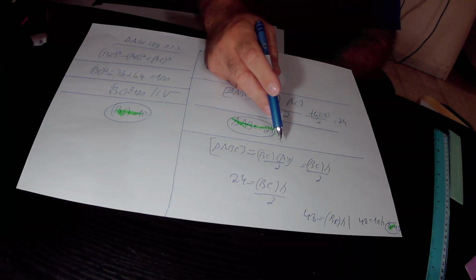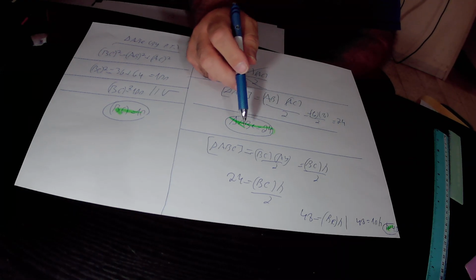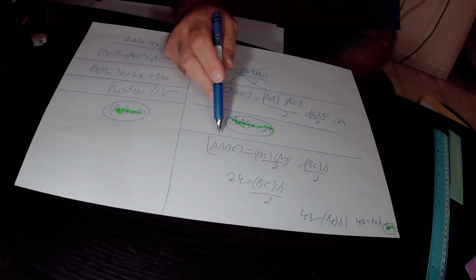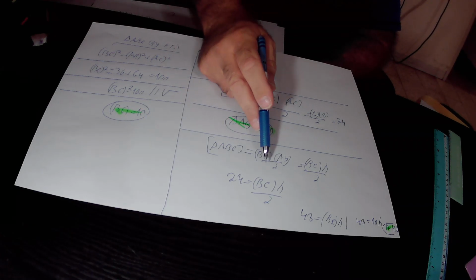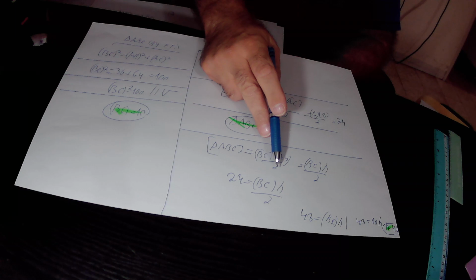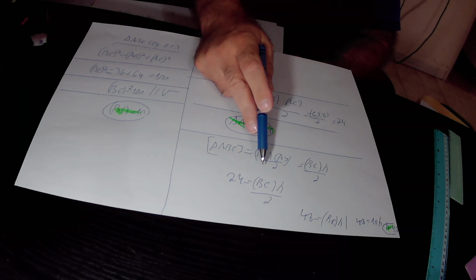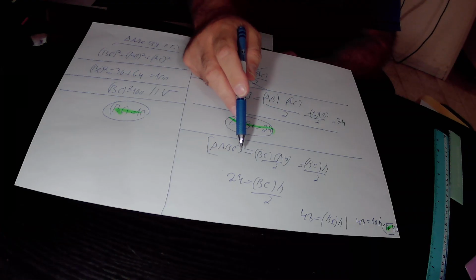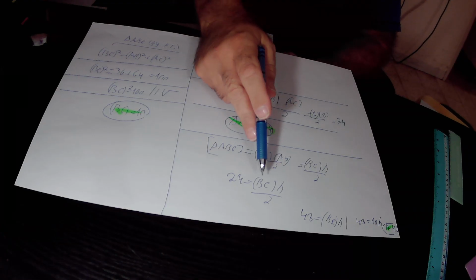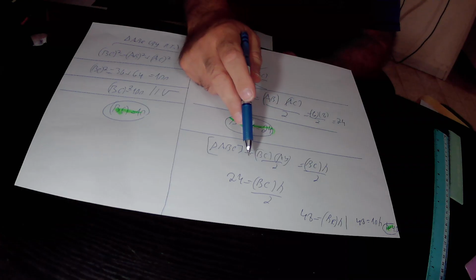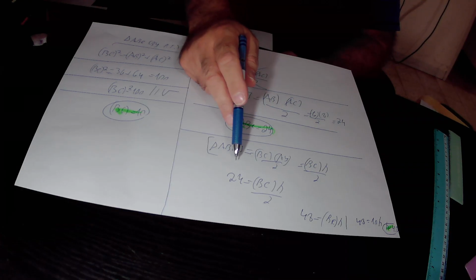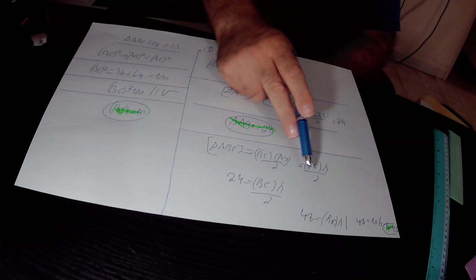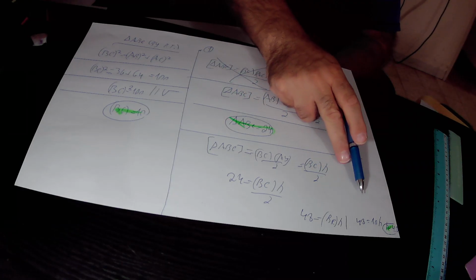BC is 10, and we know that the area of triangle ABC is 24, so 24 equals the base BC times the height over 2. Again, BC is 10. So we found that 24 times 2 equals 10 times h. So 48 equals 10h.